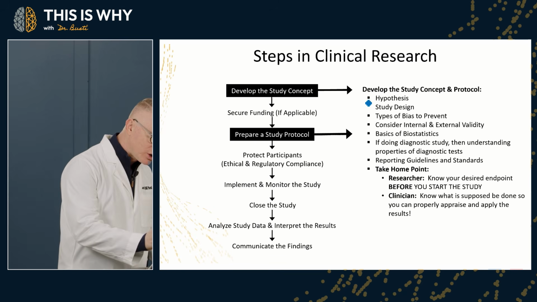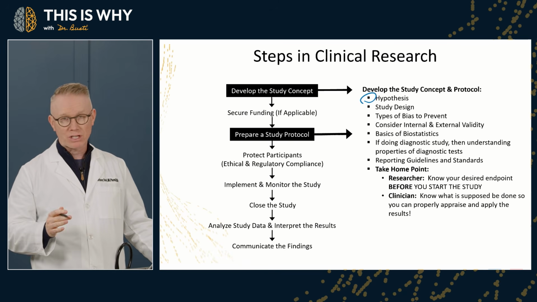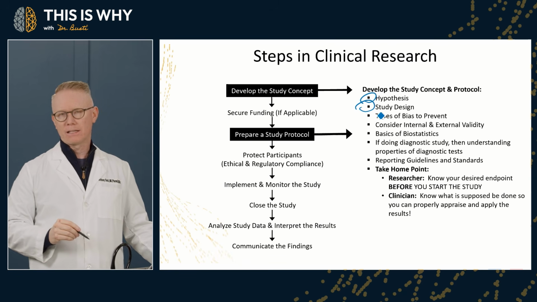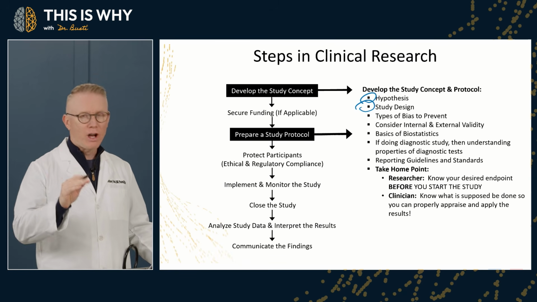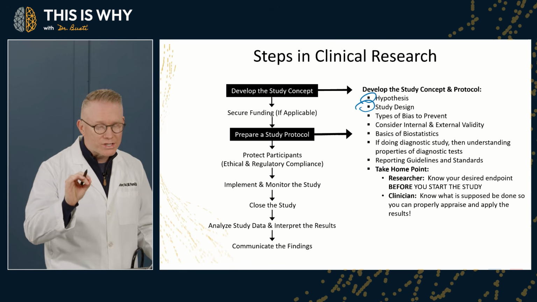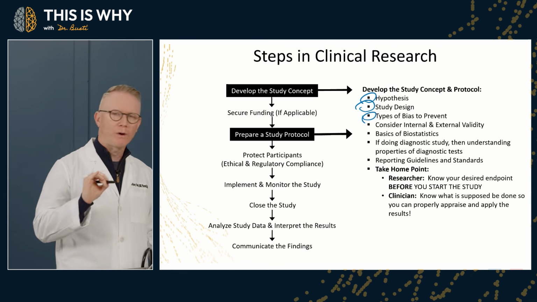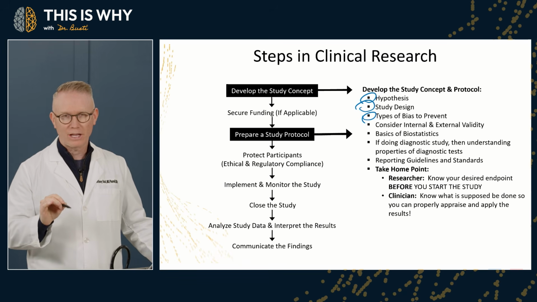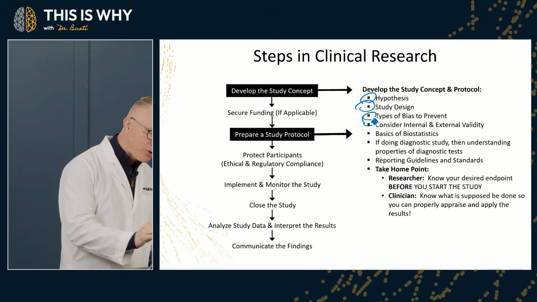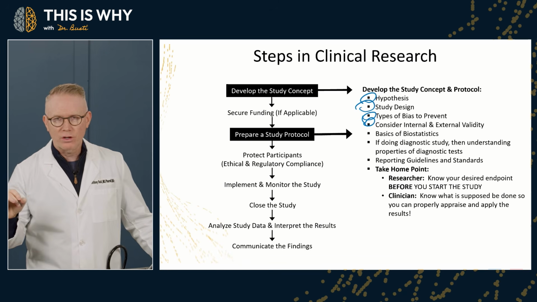First, the researcher has to clearly define their hypothesis and choose an appropriate study design, okay? They must also consider and identify sources of bias and take steps to prevent them before we get started, all right? Now, moving on, you need to consider threats to the internal and eventually external validity.